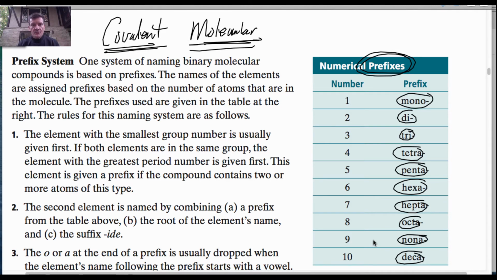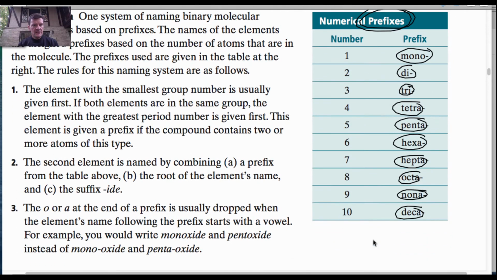Remember, these are only for covalently bonded compounds. A nonmetal with another nonmetal. We don't use prefixes for ionic compounds when we have a metal with a nonmetal, because the way they combine is already set. Okay? All right.